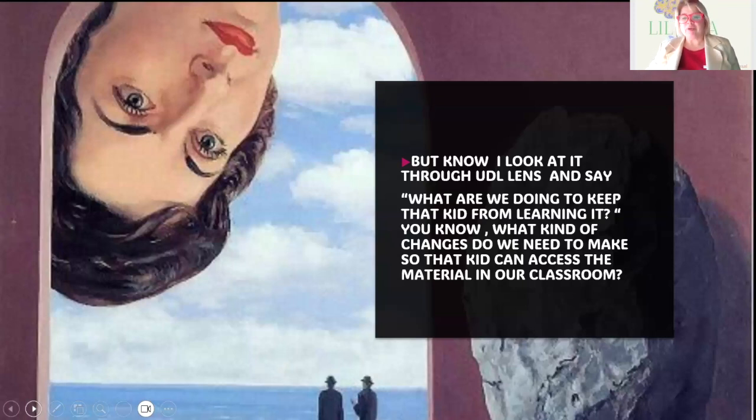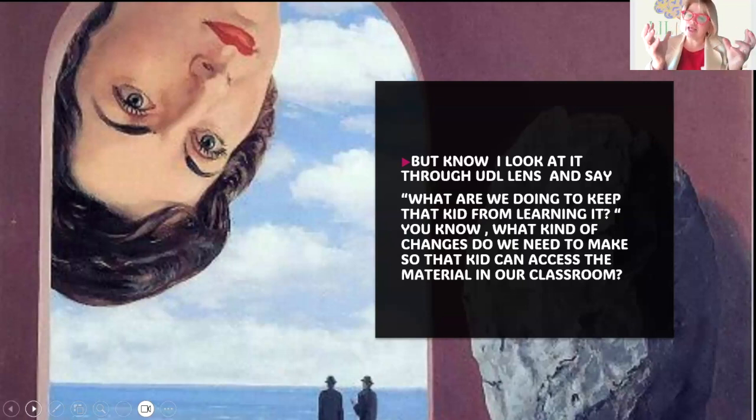To start talking a bit about Universal Design for Learning, I thought about a typical situation that happens in our classes. For example, we are correcting some papers, some homework, some tests, and maybe we are browsing through some of them and say, okay, what's happened with this boy? Or Peter cannot do this exercise or that one. And we don't know what happened with him.